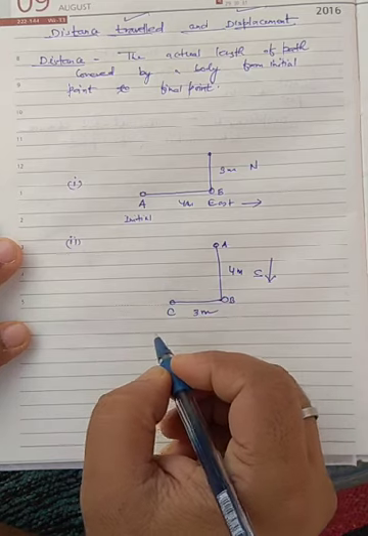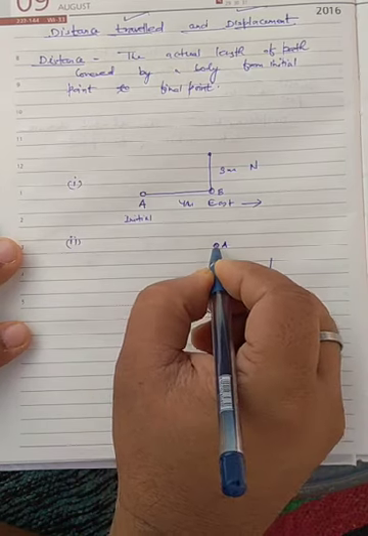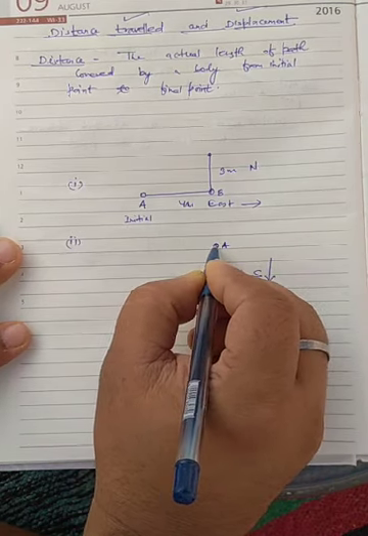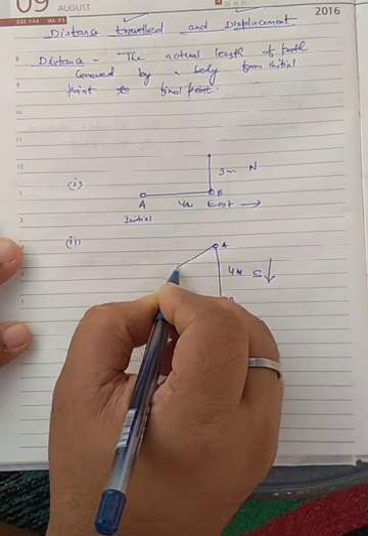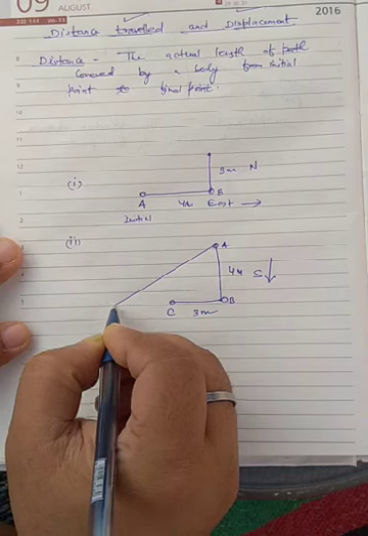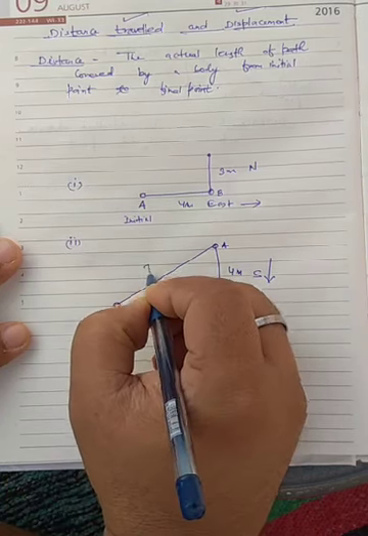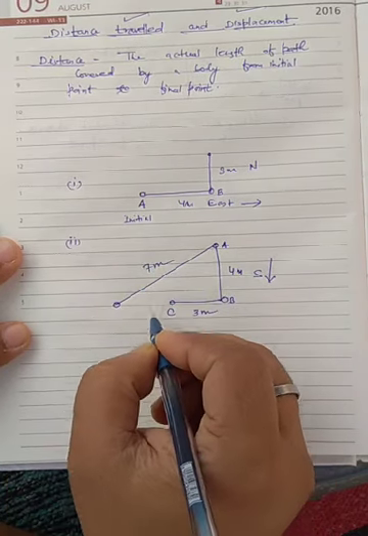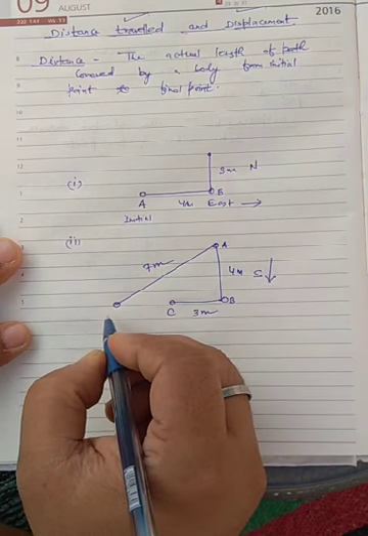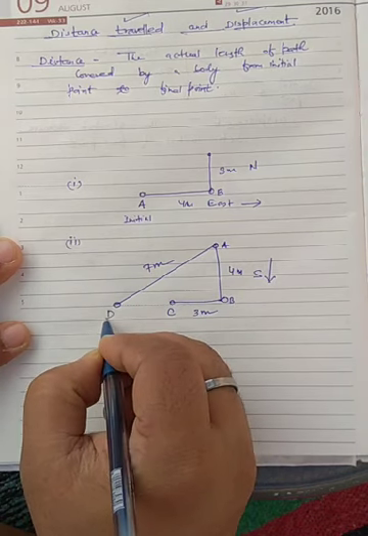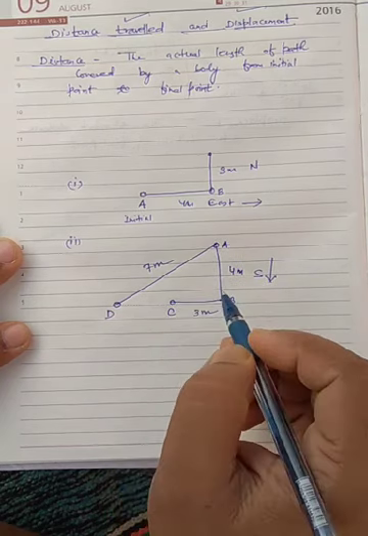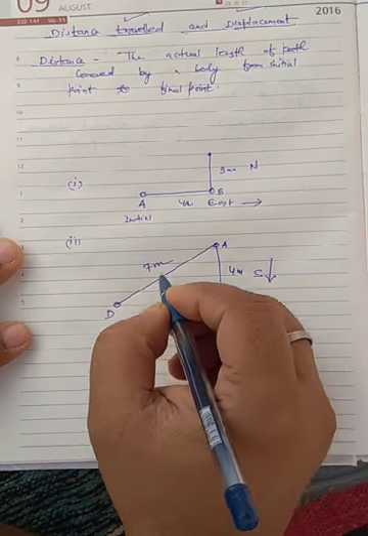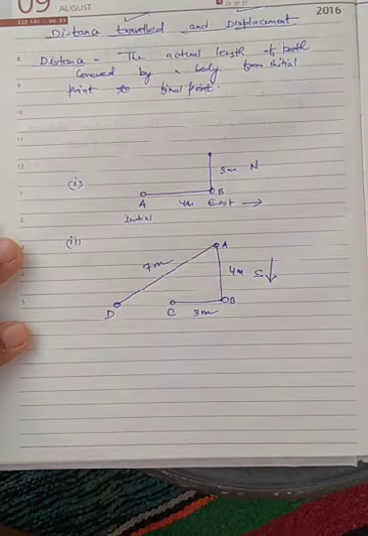and case number 3, suppose that a body again starts its journey from the initial point and covers a distance of 7 meter, reaching point D. Here this direction is another.